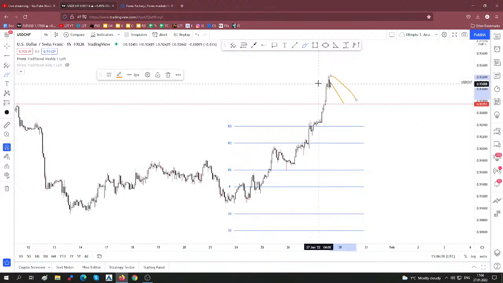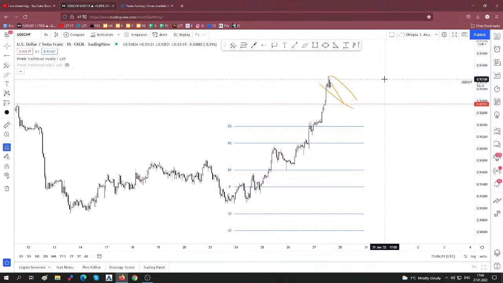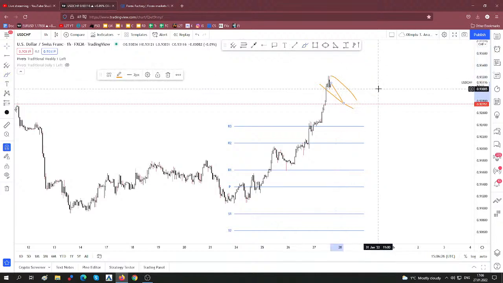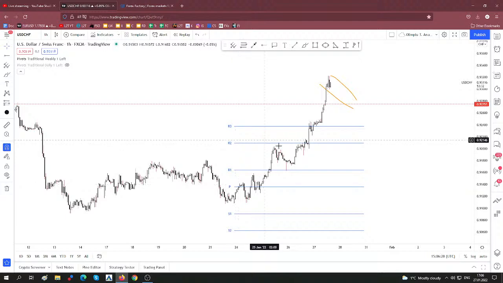Maybe a flag could bring me new buying opportunities. I'm not upset about this missed opportunity, only because the FOMC represented a high impact event, and anything could happen around high impact events. But this could be my new buying opportunity in US dollar versus the Swiss franc.